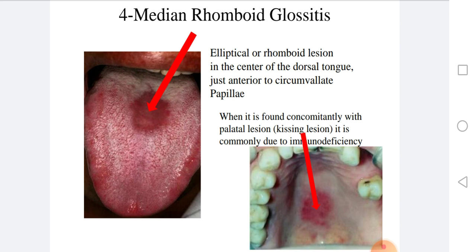In many situations, there will be a concomitant palatal lesion opposing the tongue or the lingual lesion. Such a lesion is known as kissing lesion. If it is found, most probably the patient is having immunosuppression.